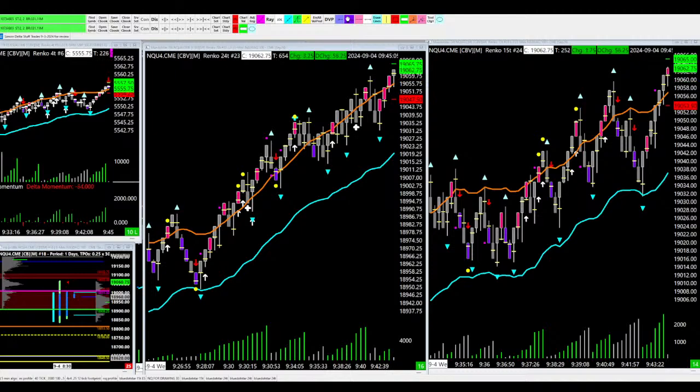Don't know how they do that, but they got so many people short in the options that they can't rotate it. So don't trade a non-rotating market. Very simple.